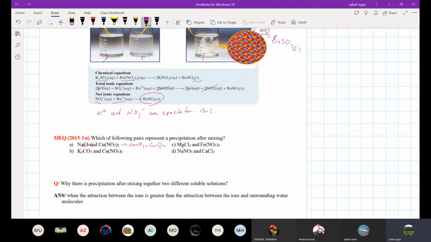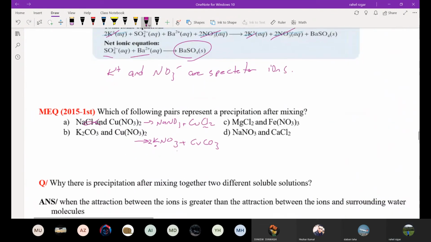Let's look at B. B says it becomes K and NO3, because the charge of K is plus and NO3 is negative, and when we balance it becomes 2 plus. Copper carbonate. Since it contains K and NO3, this is aqueous. What about this one? We don't have a rule for copper, but we have a rule for CO3.